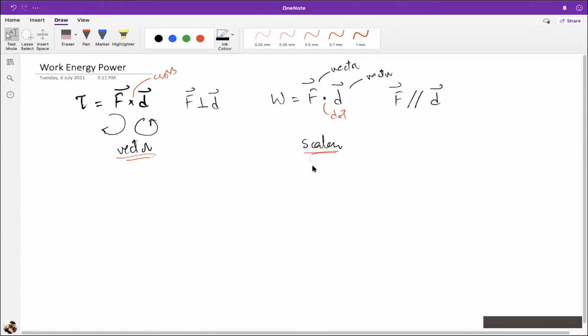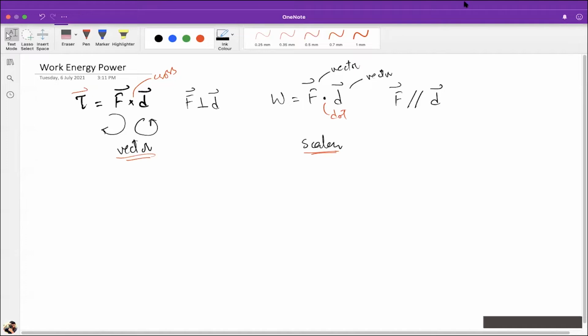And the multiplication that gives us a vector is a cross. In O levels or IGCSE, we don't really concern ourselves with that difference. We just have to remember that work is scalar, it doesn't have any arrow on it, and torque is a vector, and that means it has a direction, and that direction can be clockwise or anti-clockwise.